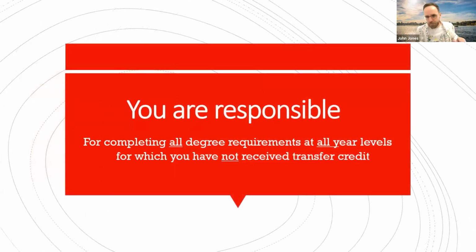I do have one serious message just before we get towards the end here, which is just to say that you are responsible for completing all degree requirements at all levels for which you have not received transfer credit. So make sure you check what transfer credit has come through, what's been received, when you get that report through from Rachel, understanding that this credit I have meets this requirement, and understanding that it is your responsibility to make sure those requirements that have not already been met by your transfer credit are met during your time at UBC.